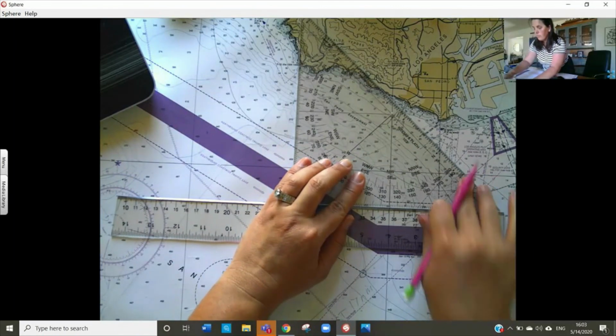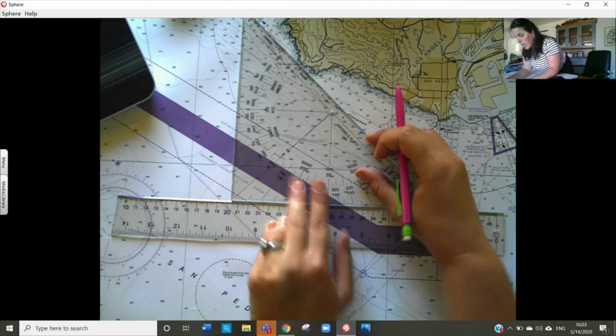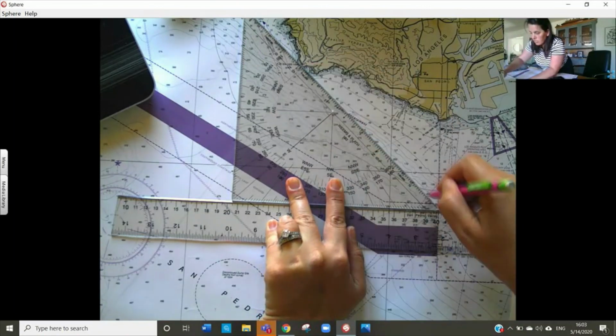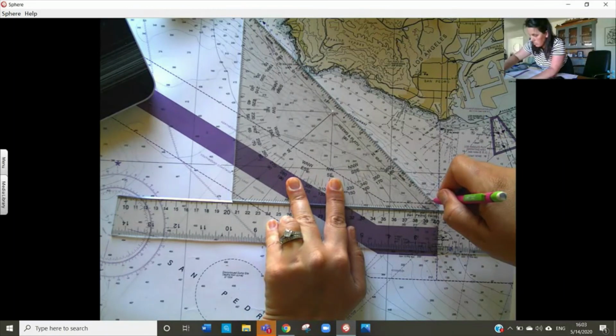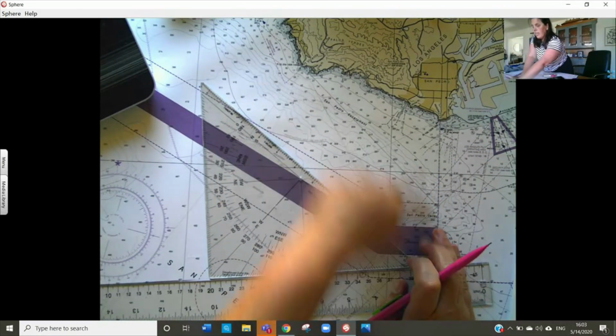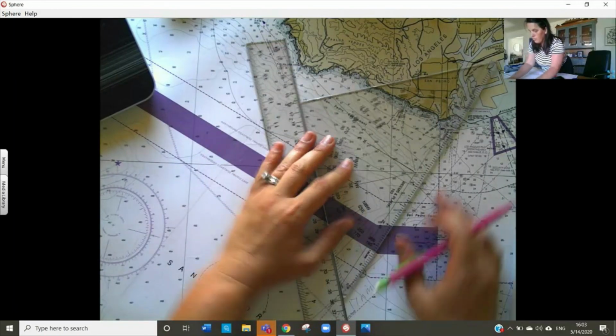There we go. So I'm going to move it over to Point Vicente, and remember we go from the solid dot, so we can draw in our line. So we're somewhere along that line.